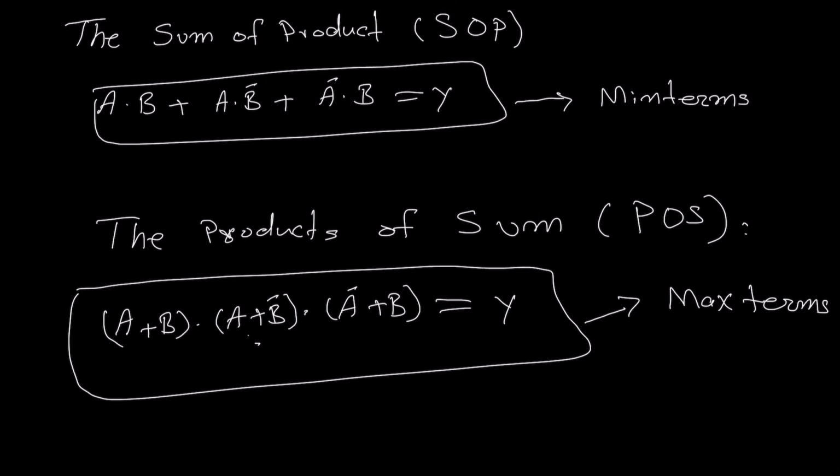In the next couple of lectures, we'll be using our experience from the past with logic gates to draw a logic circuit using these min and max terms. We'll work on that too.